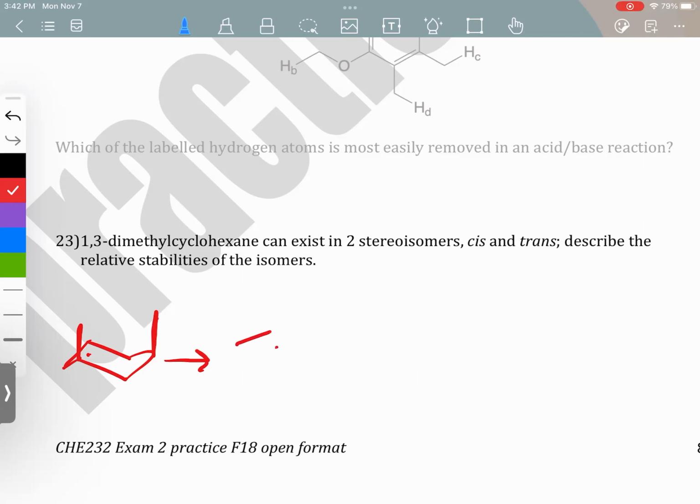All down carbons become up, all up carbons become down, and that means all axial substituents become what? Equatorial. Right, that always happens in a ring flip. So these two that were axial become equatorial, like this, 1 and 3. So this is for cis.